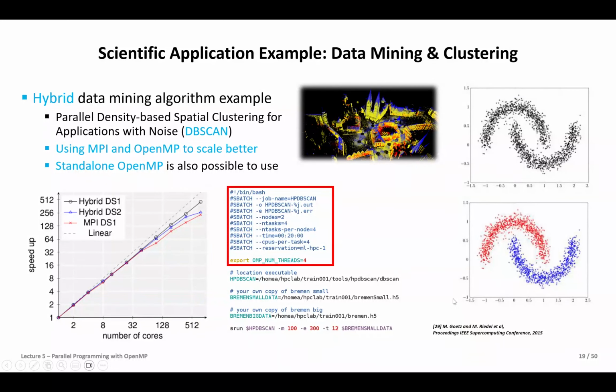The details of this are, of course, documented here in this paper from one of my former PhD students, Markus Götz. And you see here a little bit how that works when you think about how we instruct OpenMP. The way we do this is alluding to OMP number of threads, while we have, of course, here also the ideas of MPI. This is a batch script from another system, not the system we use, but it doesn't matter.